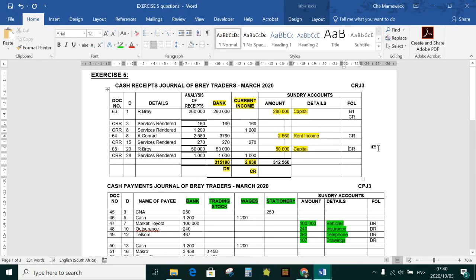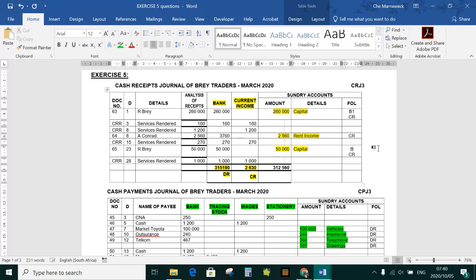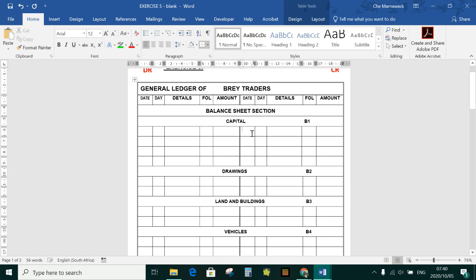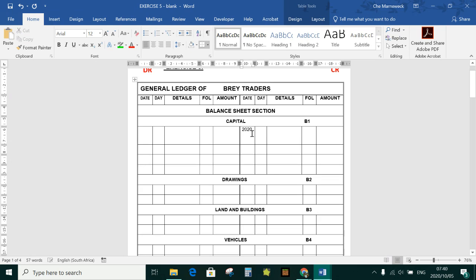And we have 2 amounts for capital. So when the amount is in sundry, we take it on the specific day. So it's going to be the 1st of March 2020. And this information is going on the credit side. So 2020 MAR is the 1st.